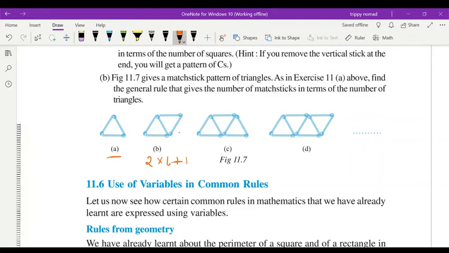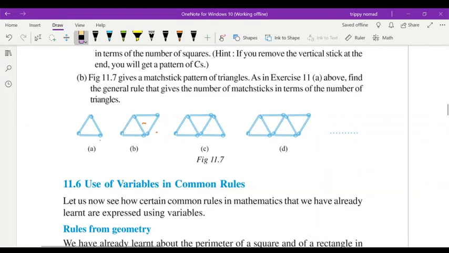Then how many are there? 3. That means here 2 ones are 2 for this, but here 2 are given. So in the B figure you will go for this formula I made, because how many are separately required will be different, and the number of triangles required will be different.